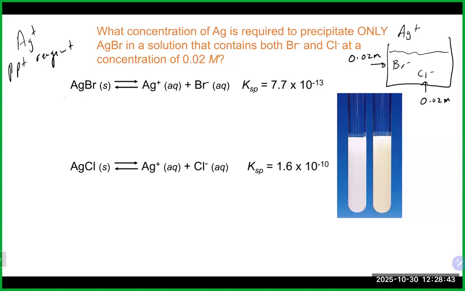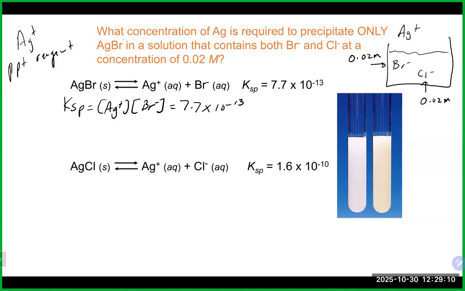So if I write my Ksp expression here for my silver bromide, that is the silver concentration times the bromide concentration, and that's going to equal 7.7 times 10 to the minus 13. Now, I am interested in what concentration of silver I should add to get the bromide to come out of solution.